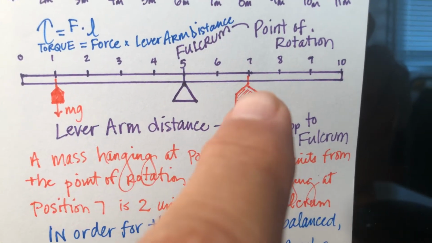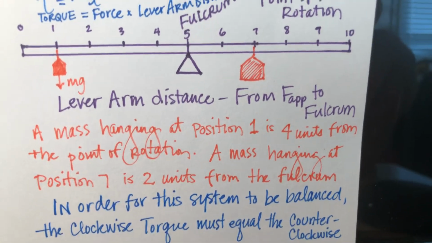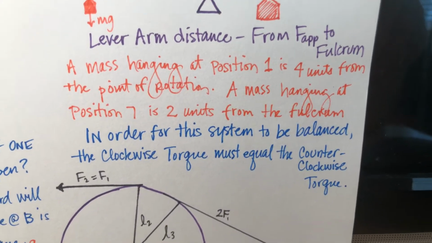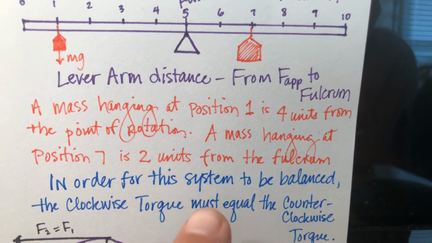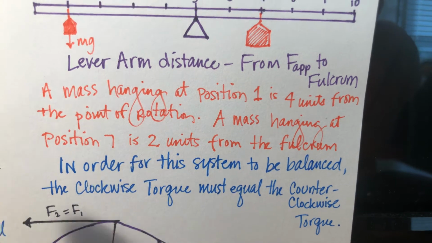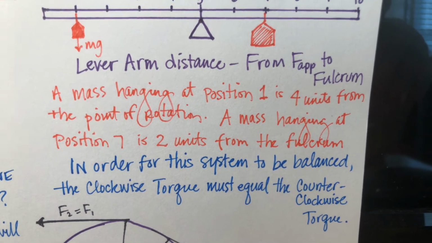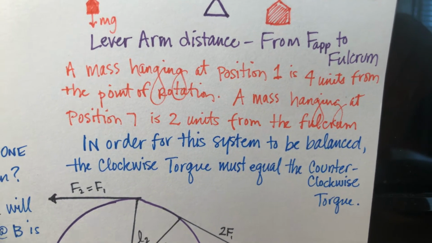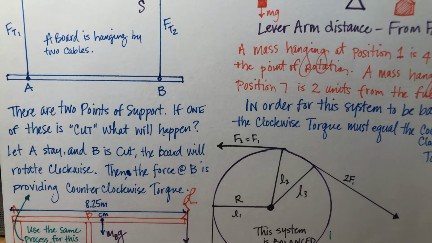Then we have this other mass, which is at 7, so it's 2 units from the point of rotation. In order for this system to be balanced, the clockwise torque must equal the counterclockwise torque. Remember we talked about forces: force left minus force right, force up minus force down. Well, this is torque. Torque clockwise minus torque counterclockwise will give you the net torque.